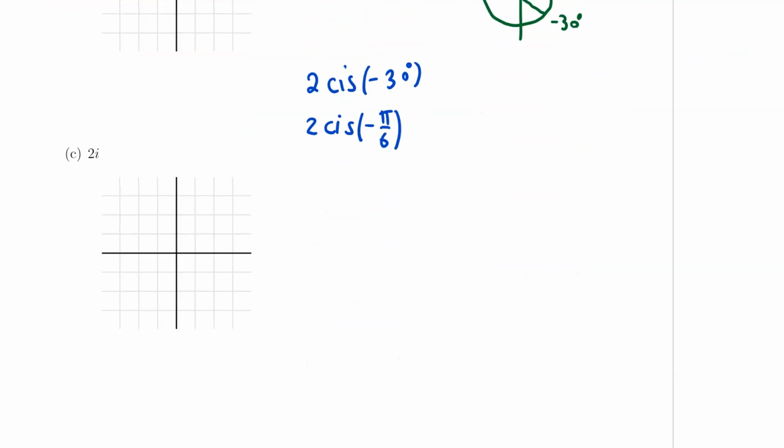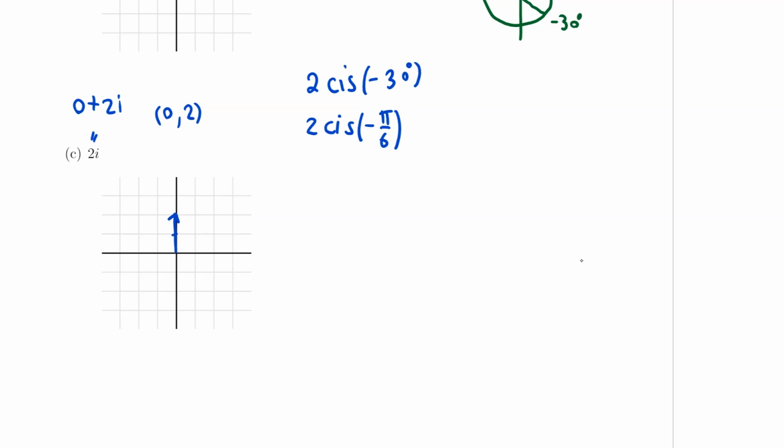For my part C, 2i, well, this is rather simple. My 2i would be just here because if I were to write this in the usual form, that's going to be 0 plus 2i. So the coordinate for that is just 0 and 2, and 0, 2 would be here. So this is my 2i.